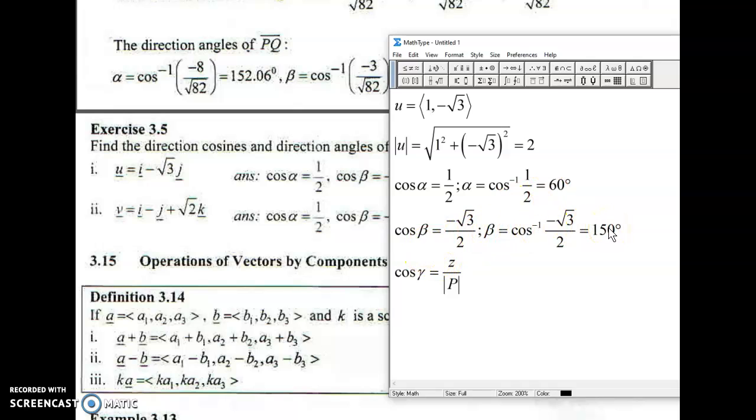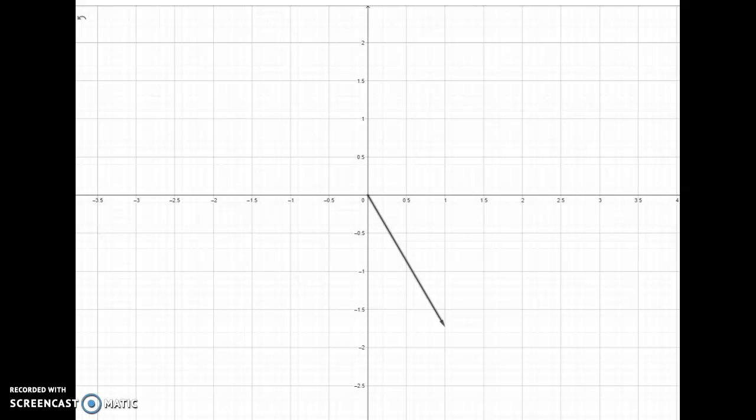Now let's try to make sense of it using a graphic. This is how the graph should look: 1, negative √3. To find the angle of x, we have the positive x, so no problem. We just find this angle from the positive x.